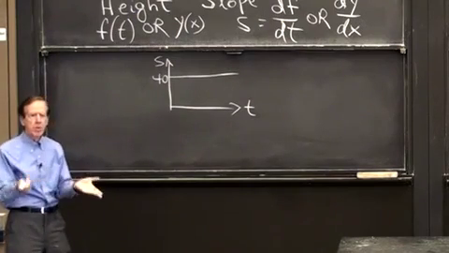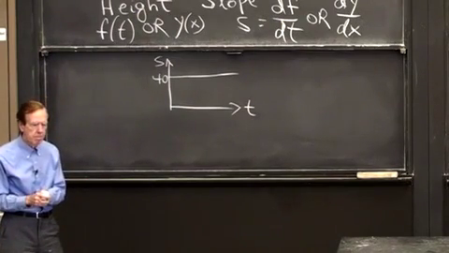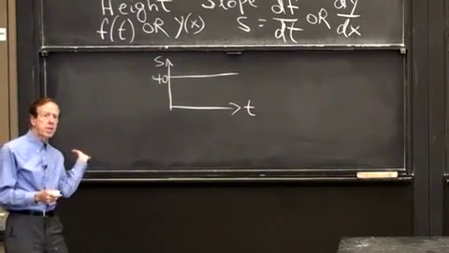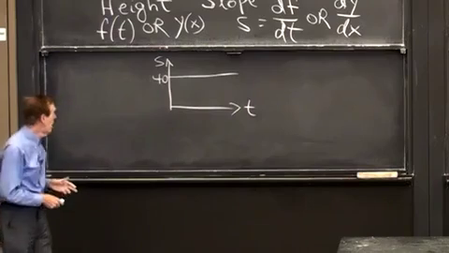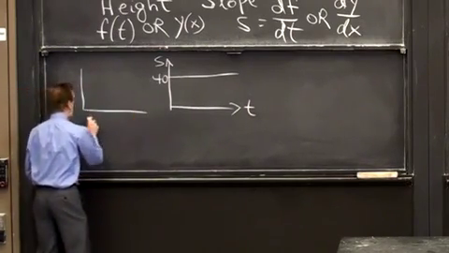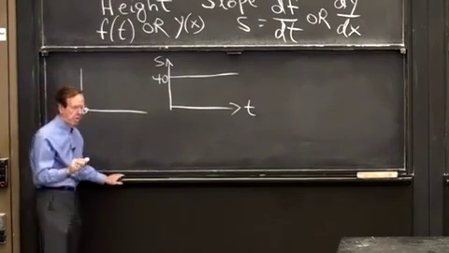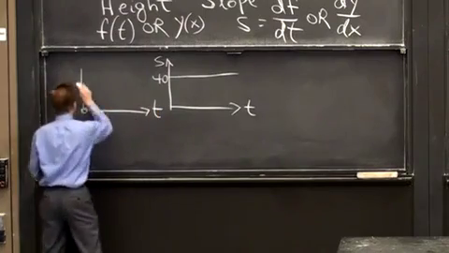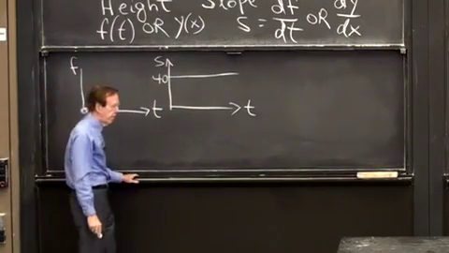Okay, now if we're traveling at a speed of 40 miles per hour, what's the distance? Let me start with the trip meter at 0. So this is time again, and now this is going to be the distance.